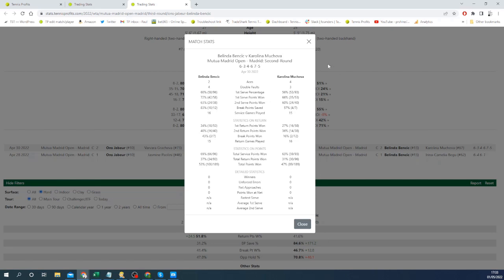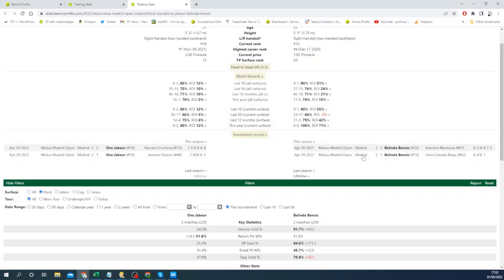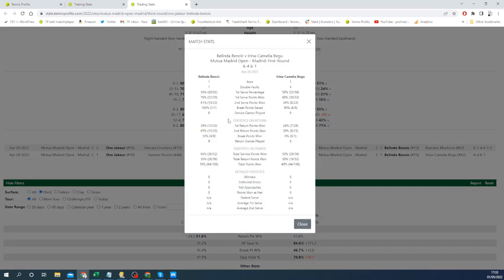That's pretty good. Decent serve stats. 63 is a pretty good figure for second serve points won. A good solid performance against Begu in the first round. Faced just 1 break point and saved it. Again, really good stats. So in both the matches she's serving well.